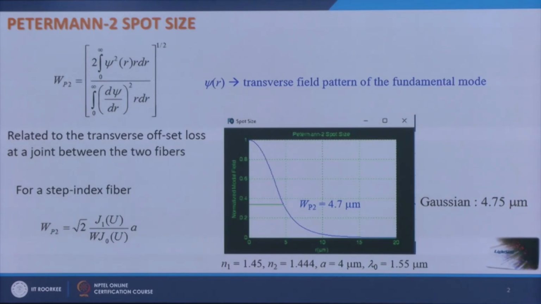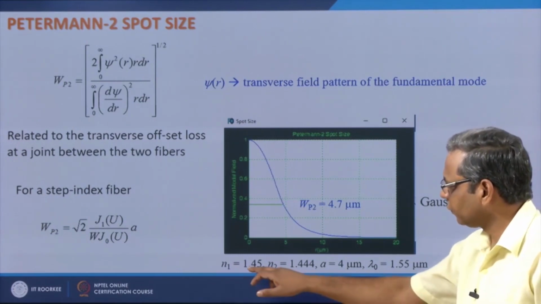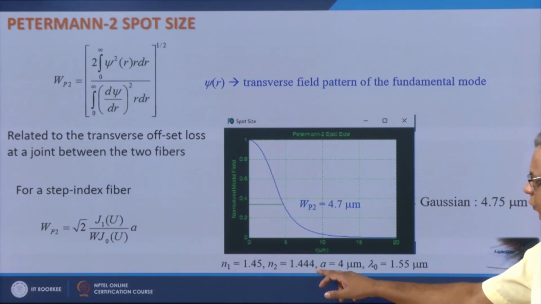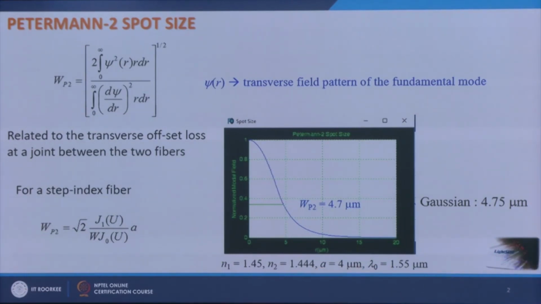Here I have plotted the normalized modal field of the fiber defined by n1 equal to 1.45, n2 equal to 1.444, core radius a equal to 4 micrometer, at wavelength lambda naught equal to 1.55 micrometer.